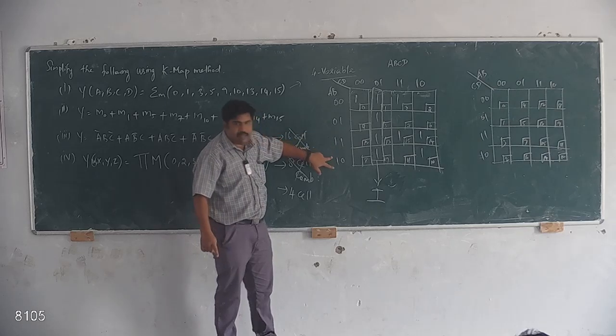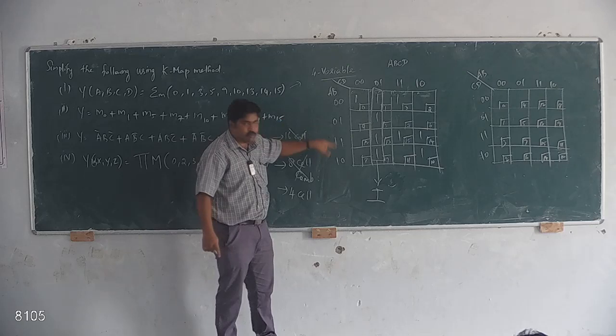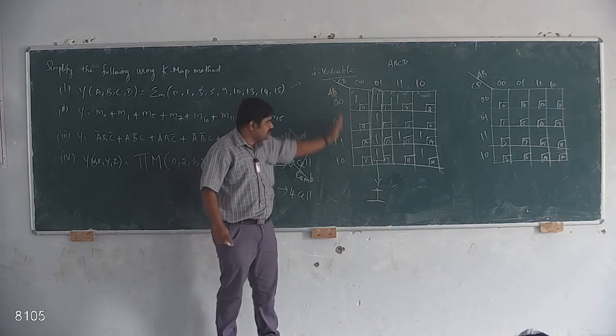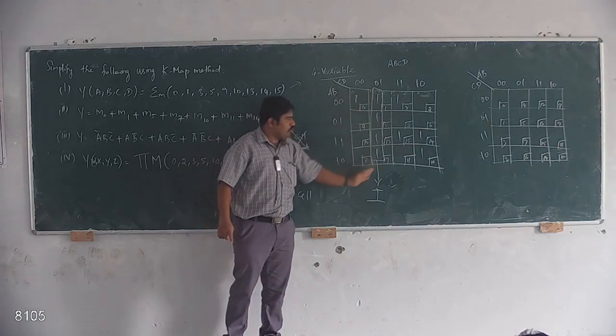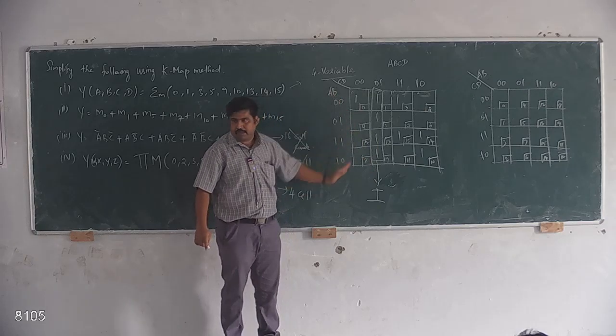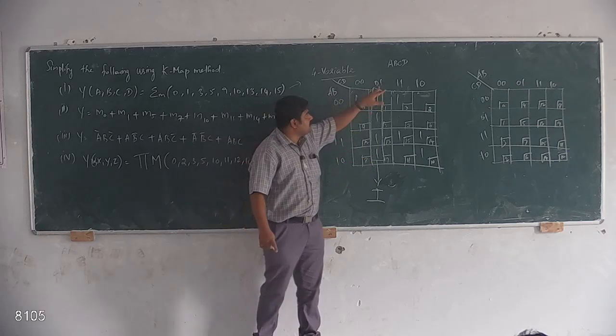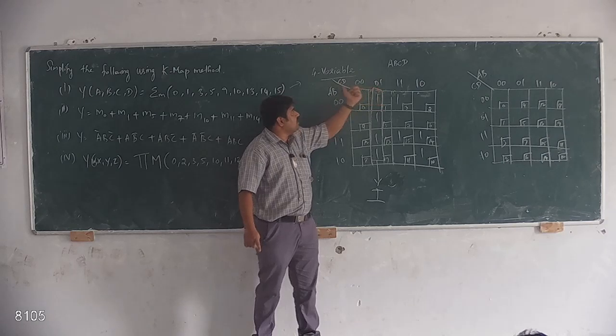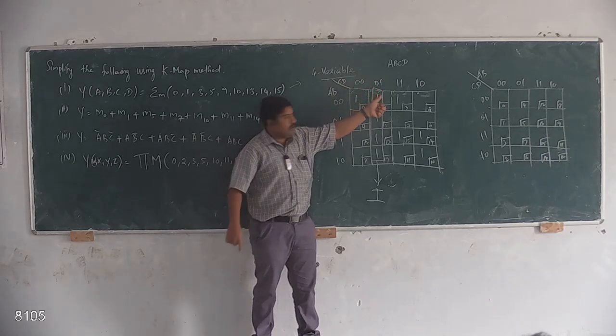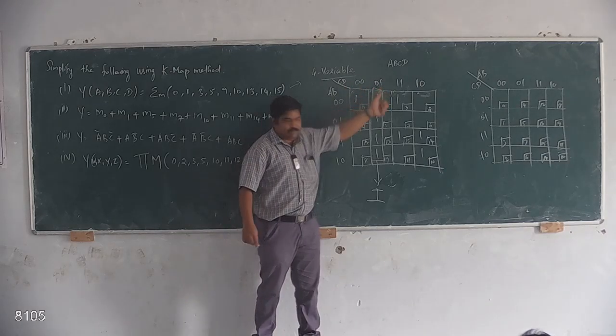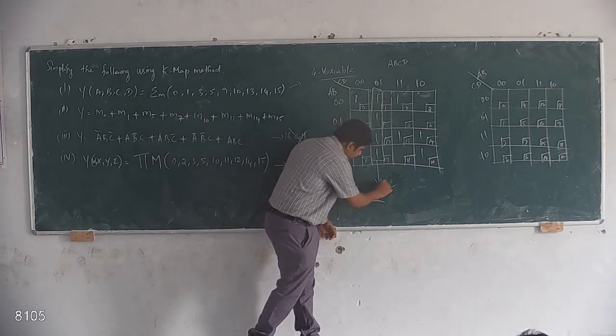So here also 1 we are getting common outside. 0 plus 1 is going to become 1. So here 0 plus 1 is going to become 1. So totally this 4 cell is going to become 1 on this side. AB is going to become 1 on this side. So only this is 0. C is 0 means C bar. D is having 1. So C bar D.